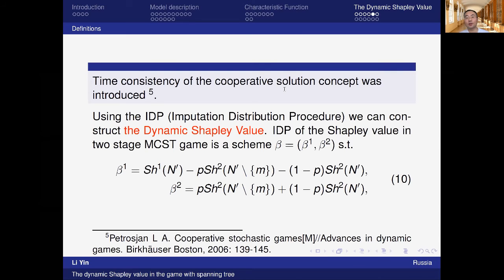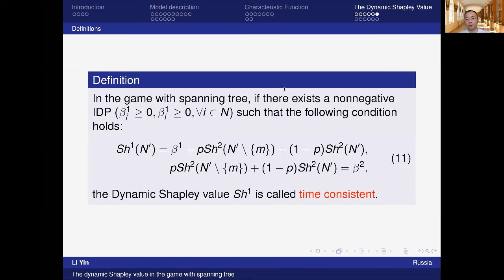Time consistency of a solution concept was introduced by Petrosyan in 2006, and we use the imputation distribution procedure to construct a dynamic Shapley value. The beta is a scheme for the two-stage minimum cost spanning tree game, and we can calculate beta.